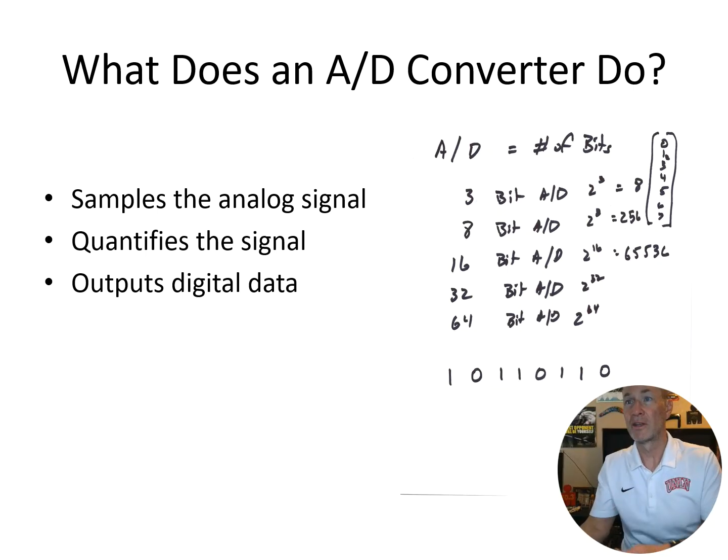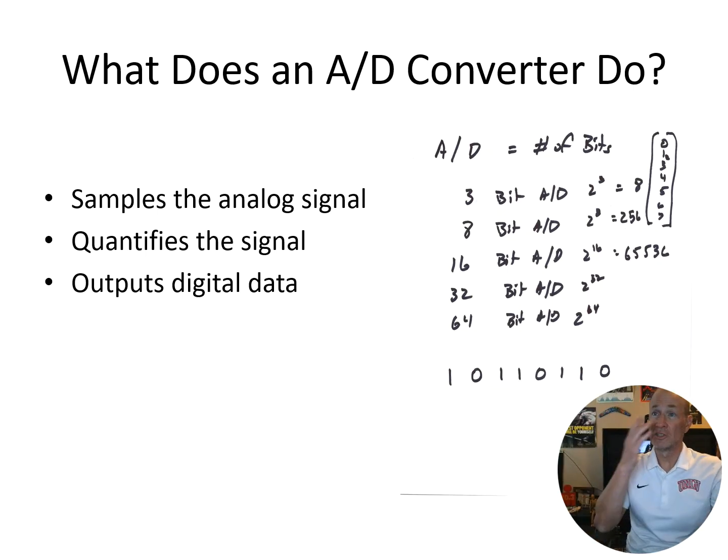Again, there's another presentation I have that goes into much more detail on this. But in essence, an A to D board with fewer bits has fewer discrete values. An A to D board with lots of bits, a 64-bit A to D board, has 2 to the 64th values that it can represent.